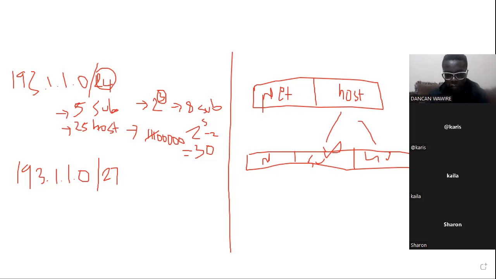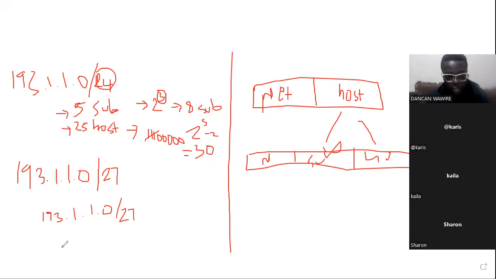So that means subnet ya kwanza, subnet 1, itakuwa na this IP, 193.1.1.0/27.